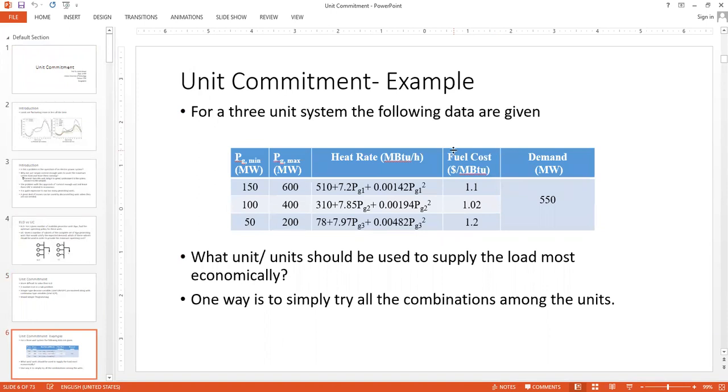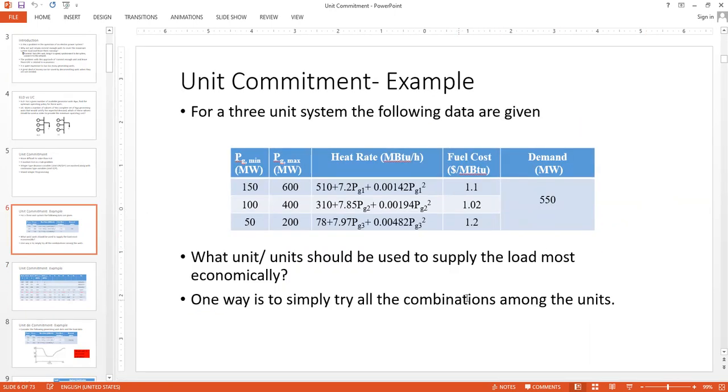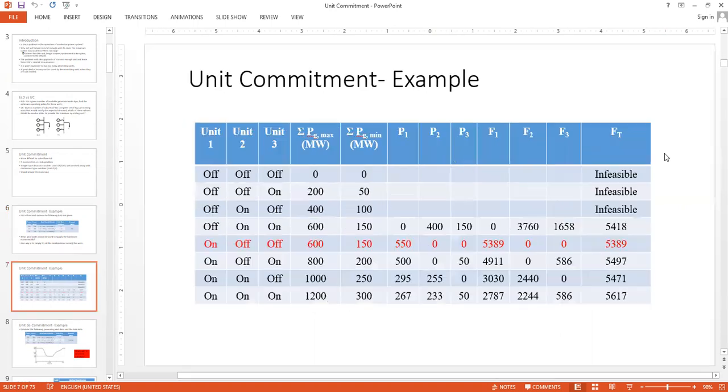And then we started discussing some small examples, like how to solve the unit commitment issue by taking all the possible combinations among the units. We formulated a table and showed how to solve a unit commitment problem by taking all the possible combinations among the listed units.